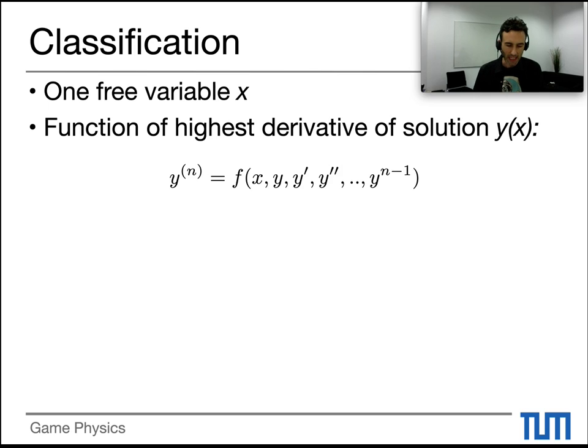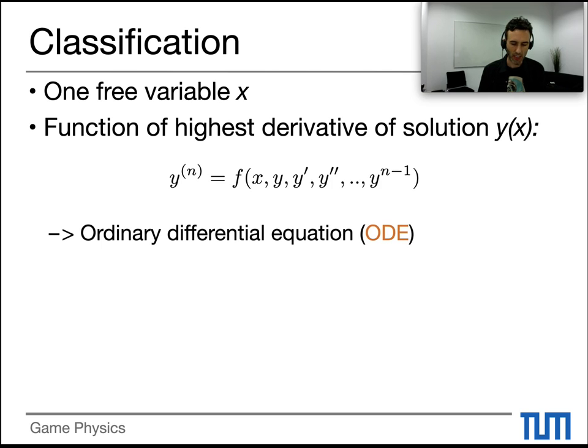For these ODEs, the key is that we have one free variable and derivatives with respect to this free variable. So in this new notation, you can see it here, we have an ODE of nth order, ODE meaning ordinary differential equation, and meaning we have the nth derivative of y being a function of typically all the previous ones.